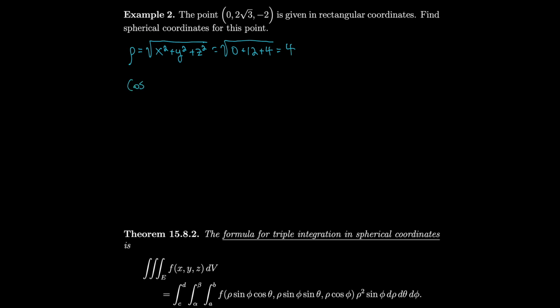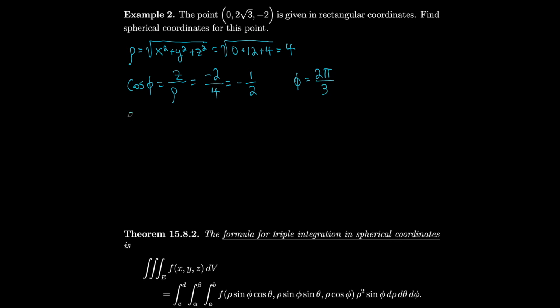Let's see, we have cosine phi is equal to z over rho, because rho cosine phi equals z, as we've said. So that means negative 2 over 4, and that's negative 1/2. So taking cosine inverse on both sides, we see that phi is equal to 2 pi over 3.